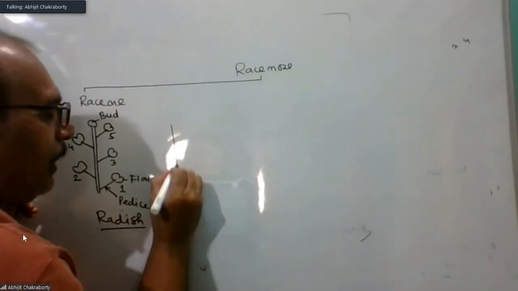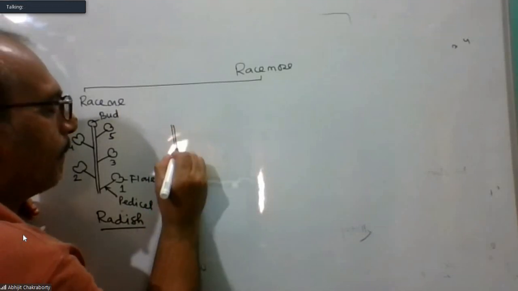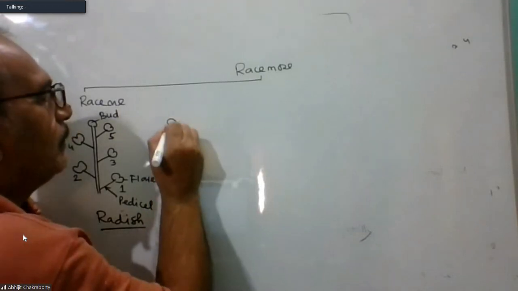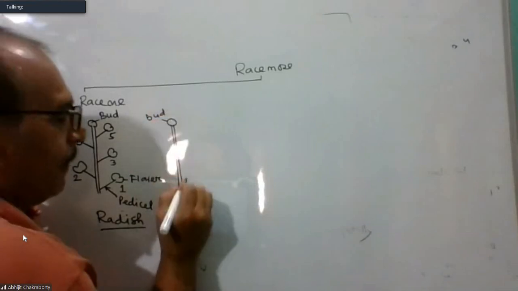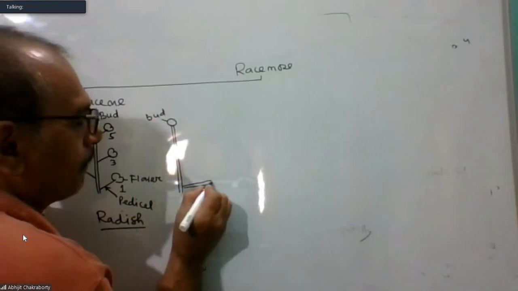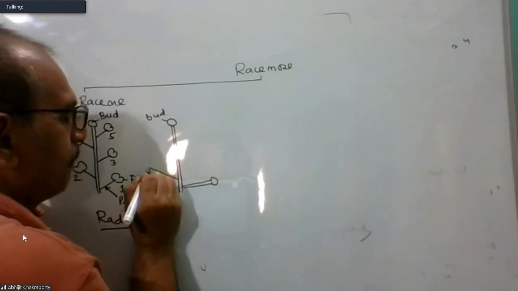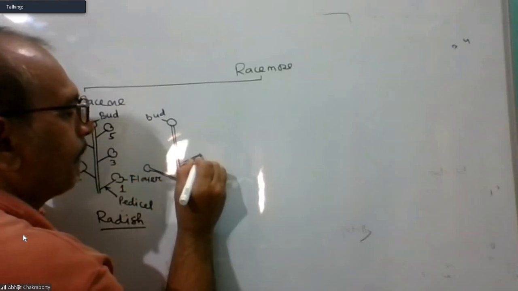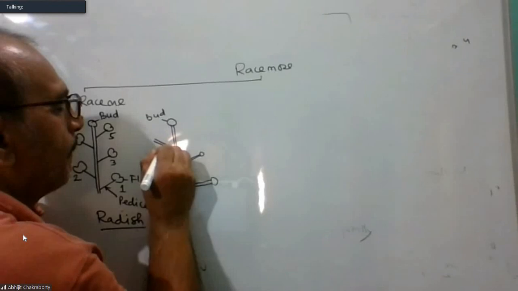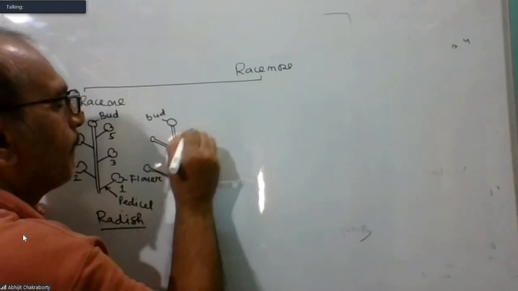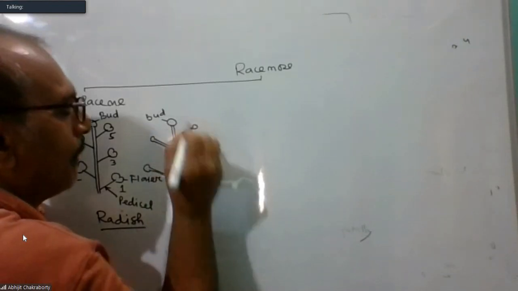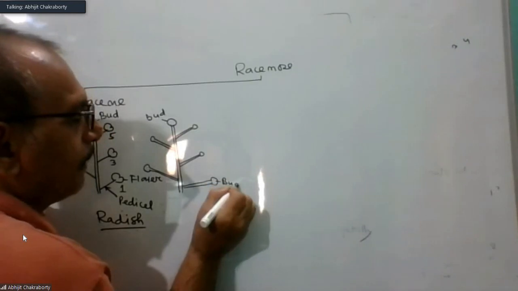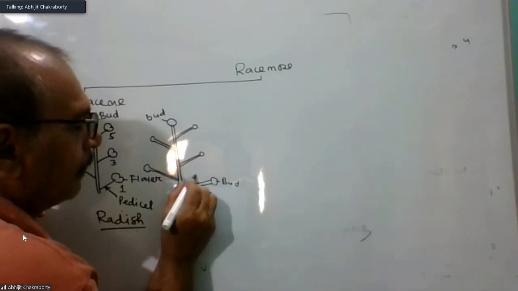Another raceme is found like this. This is the bud. Look, again bud, flower, flower.